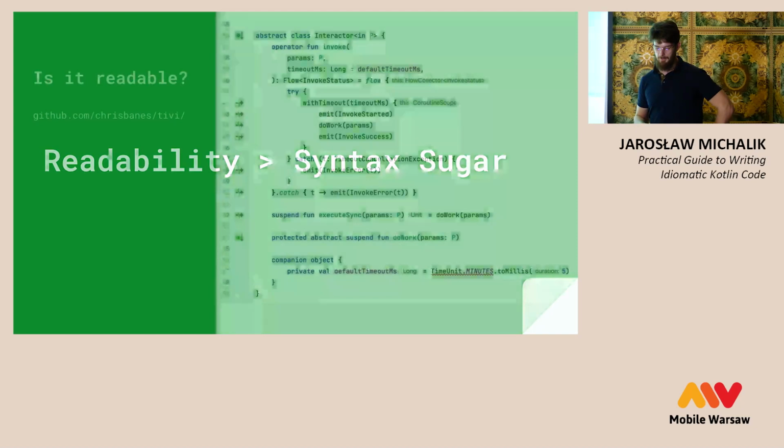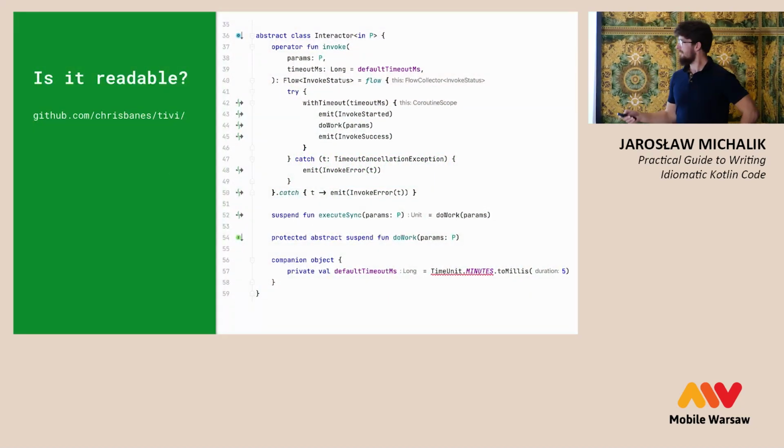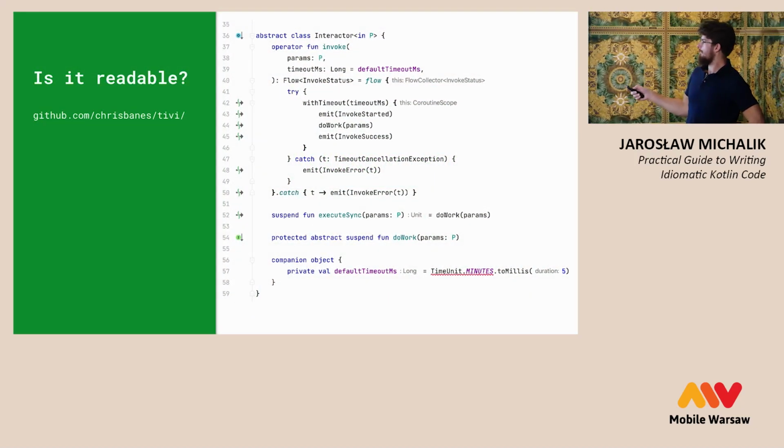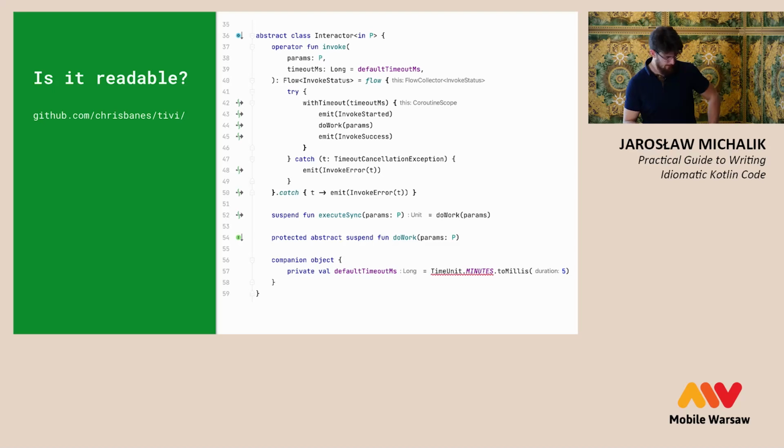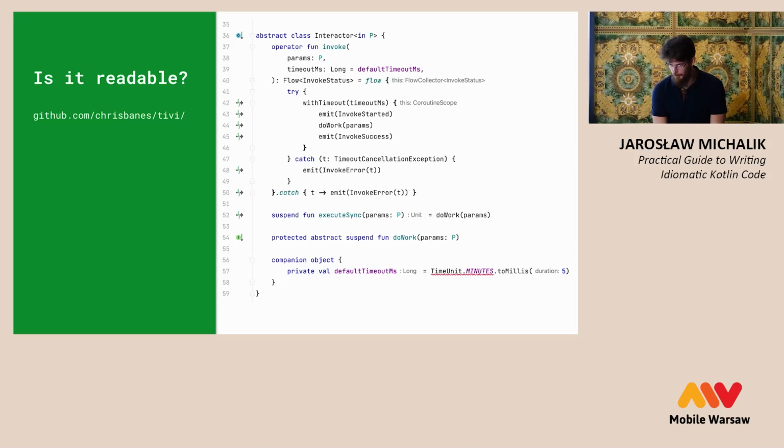Readability comes first. So this is an example, this is actual code from Chris Banes' TiVi application. This is an application that is presenting supposedly cool stuff about Android development.